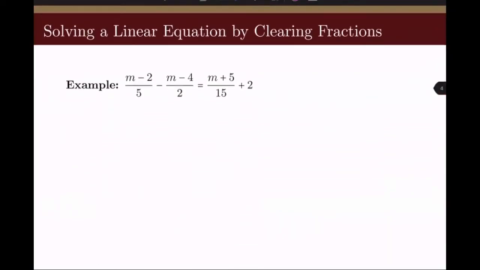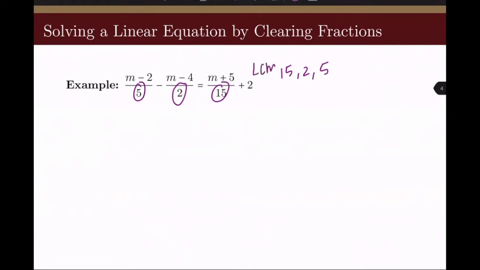So next we solve a linear equation by clearing fractions. What I usually do is look at all of the denominators. So we have 15, 2, and 5. And I try to find their least common multiple.